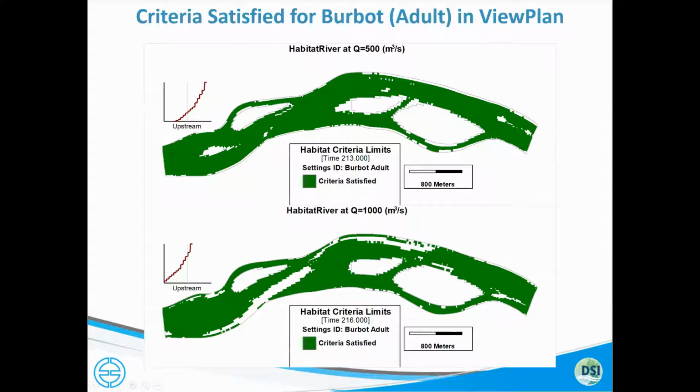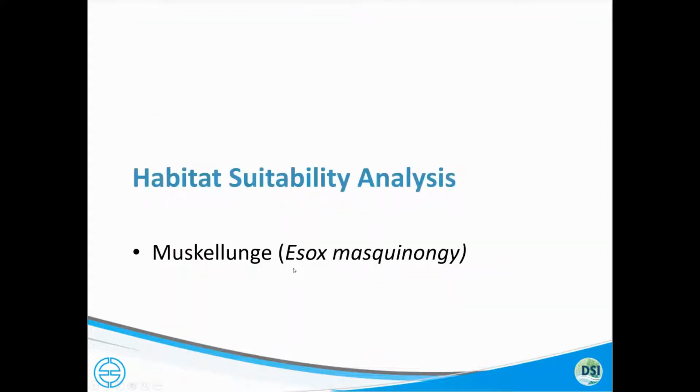So here you can see everything that's in green is meeting the criteria at a flow rate of 500 cubic meters per second, and down here at 1,000, those areas of higher velocity are now outside the limit, and so they are just completely turned off for this critical limits analysis.